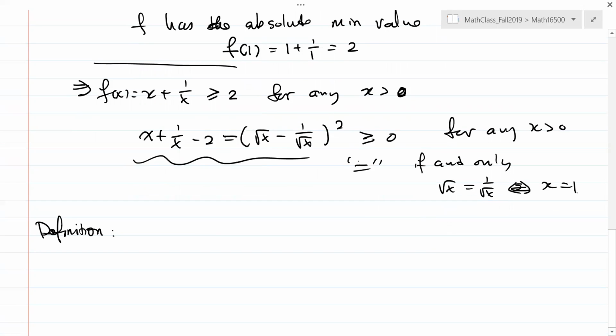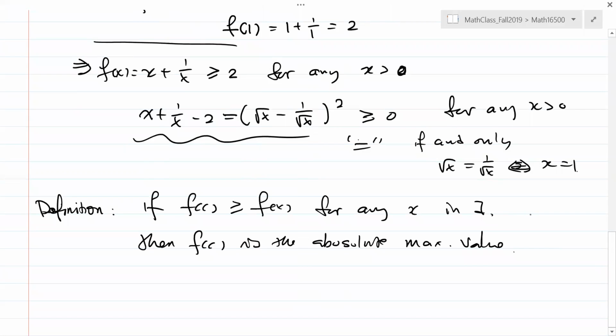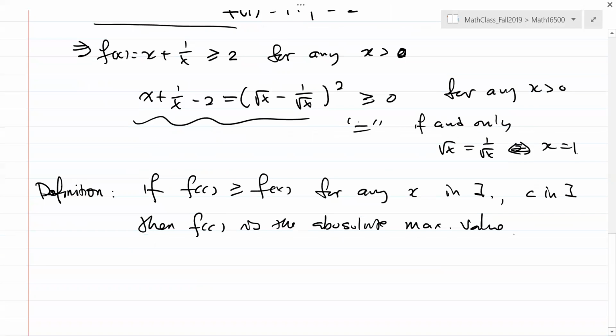If f of c is always greater than or equal to f of x for any x in the interval, then we say that f of c is the absolute maximum value. And here c should be in the interval. Okay, otherwise we don't call it. It's not even a value of the function, right?